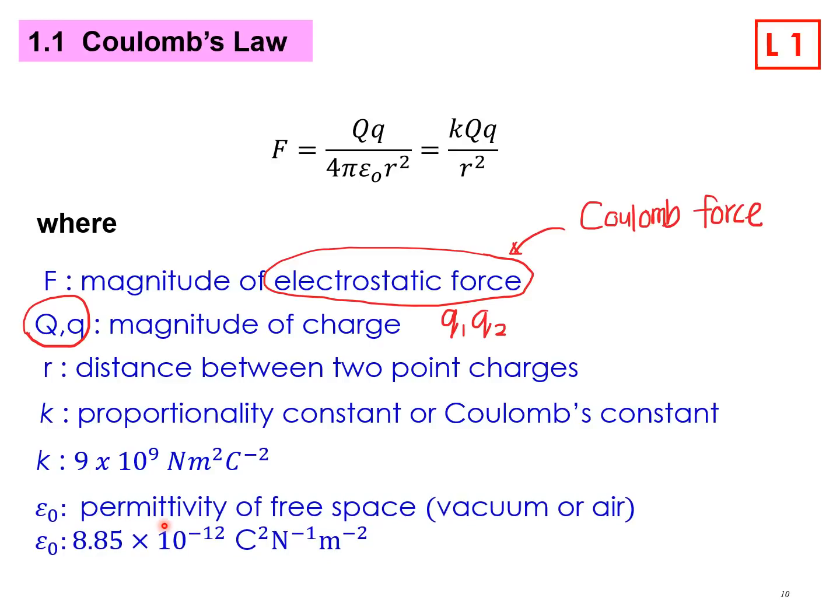Epsilon naught refers to the permittivity of free space, referring to the vacuum or air, and its value is 8.85 times 10 to the power of negative 12 coulomb squared newton to the power of negative 1 meter to the power of negative 2.